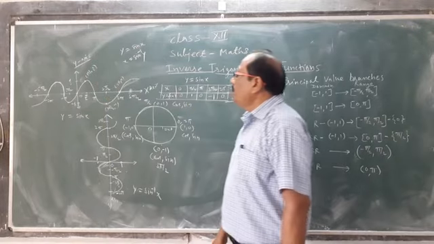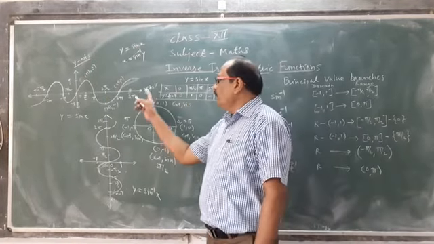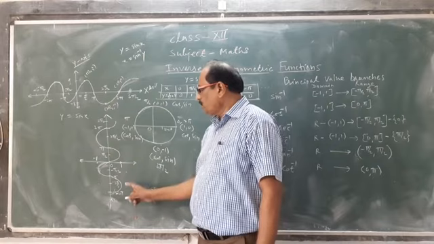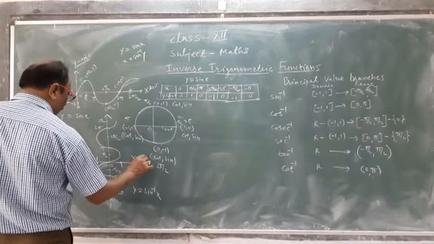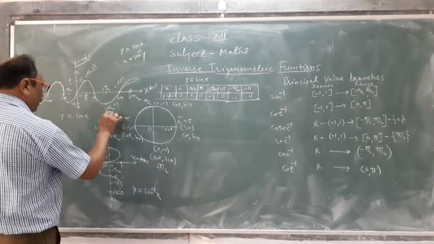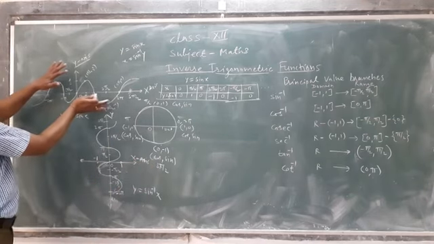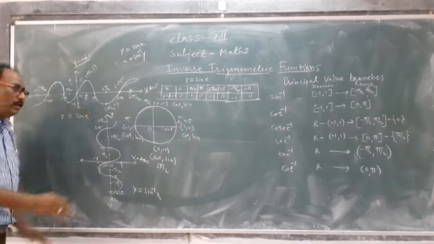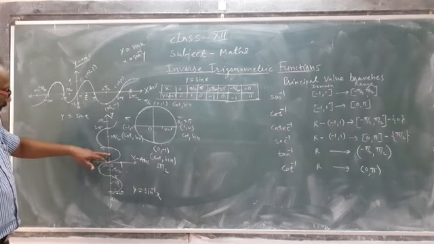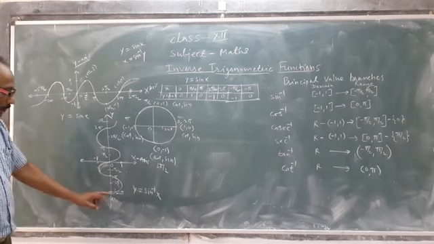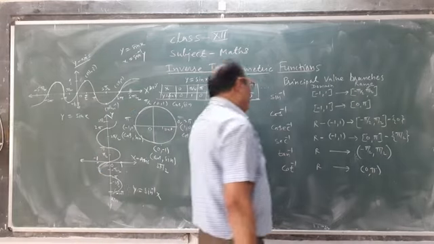Therefore, this x-axis becomes the y-axis. Then we can turn this graph like this. Then this is the graph for y is equal to sin inverse x.